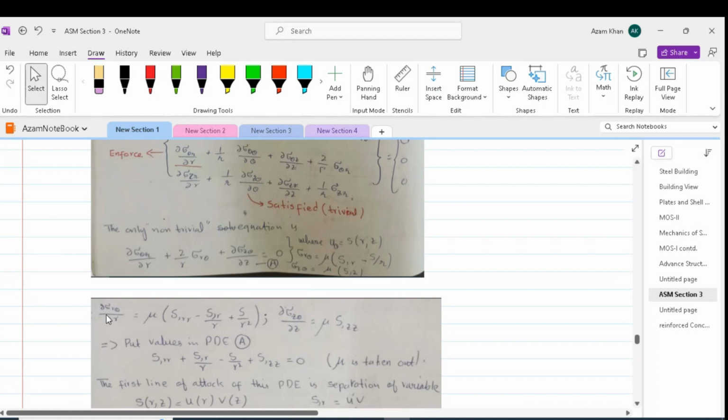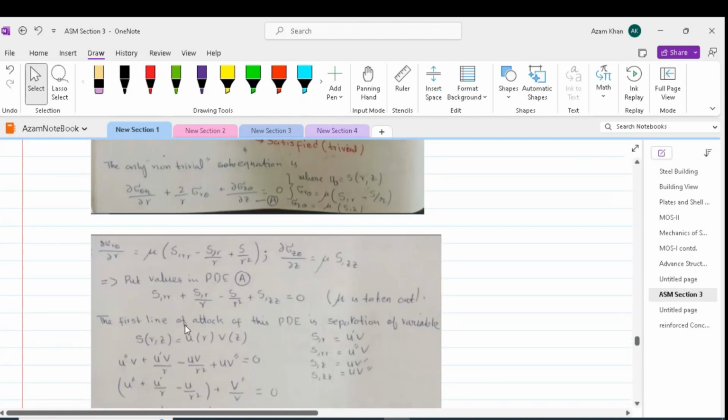We can partially differentiate sigma r theta with respect to r and sigma z theta with respect to z, and put the values back in this equation. Thus, we get s comma rr plus s comma r by r minus s by r square plus s comma zz equal to 0. Mu is taken as common and taken out.